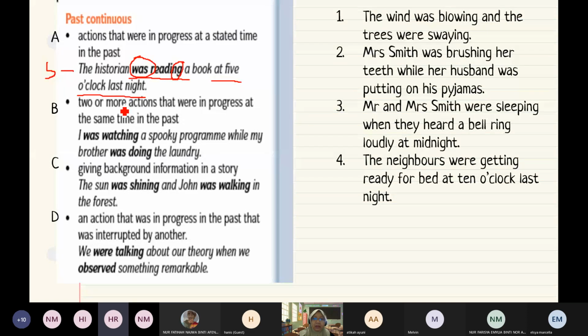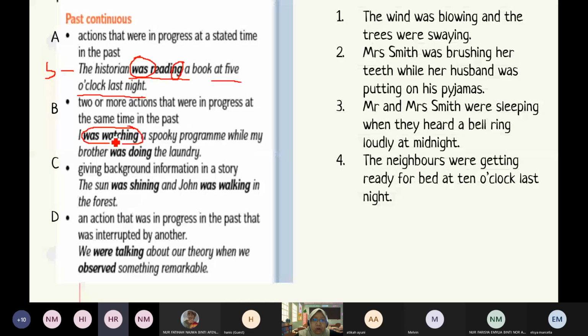Okay, B, 2 or more actions that were in progress at the same time in the past. Maksudnya 2 ataupun lebih perbuatan yang berlaku pada waktu yang sama di masa lepas, di masa lalu. First one is was watching.